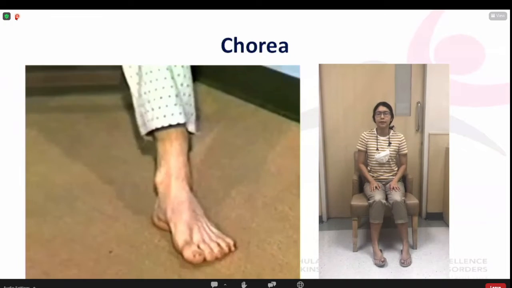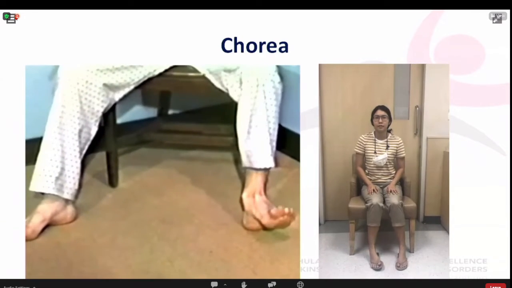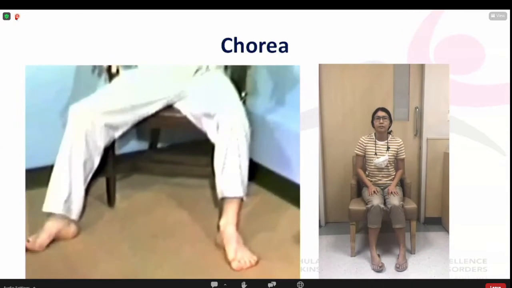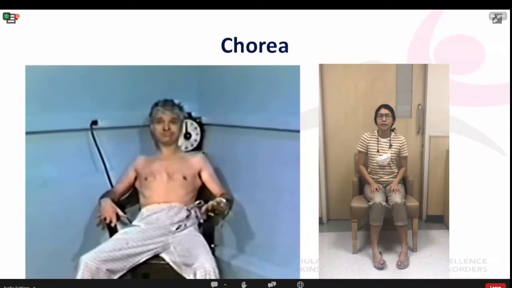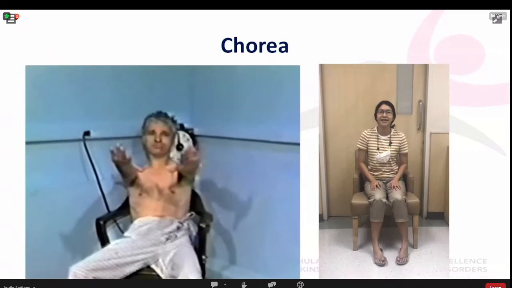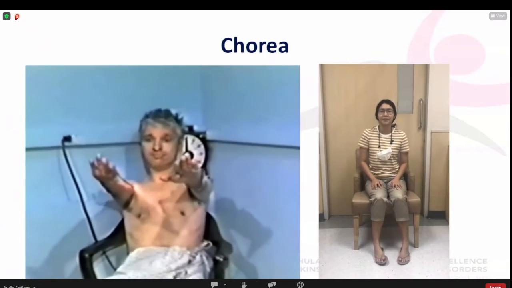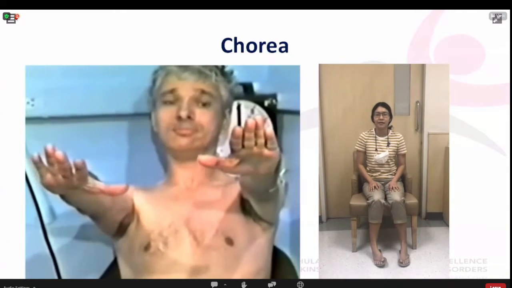You will see that she has an irregular flowing movement in her fingers, her foot, sometimes in her face. She was also confirmed to have Huntington disease. So it might be a spectrum of one disease.